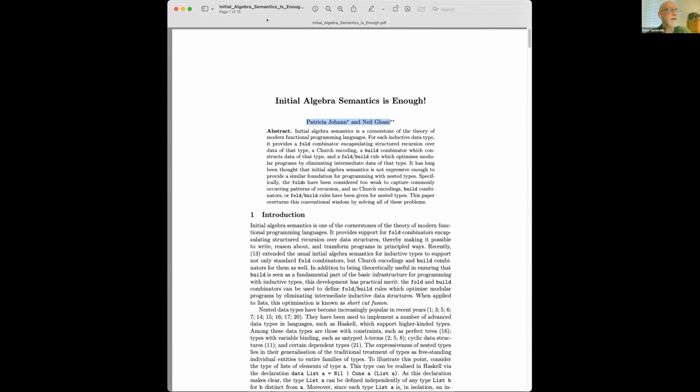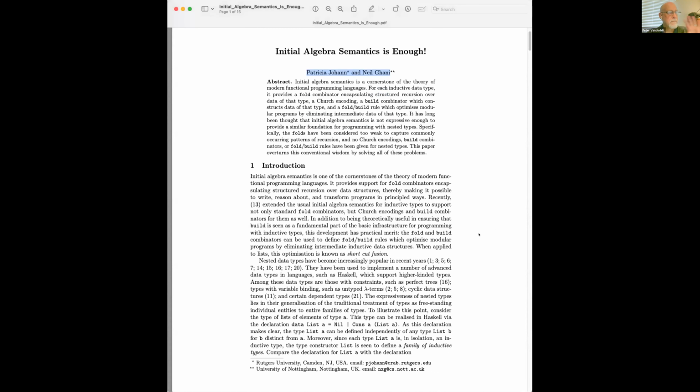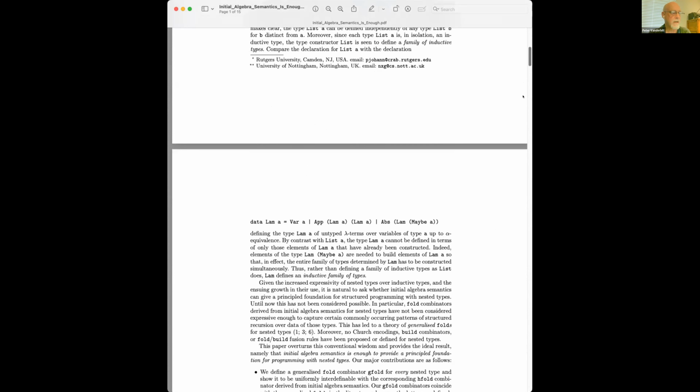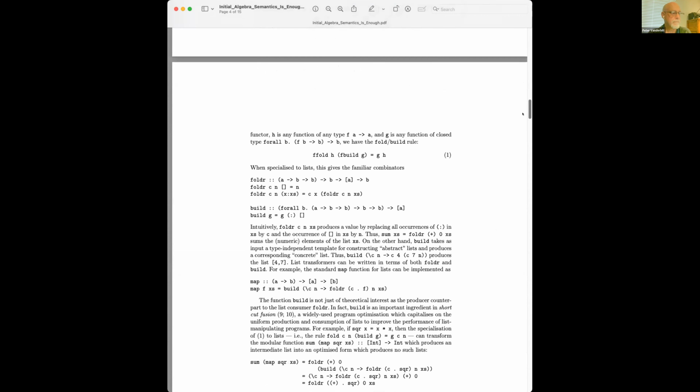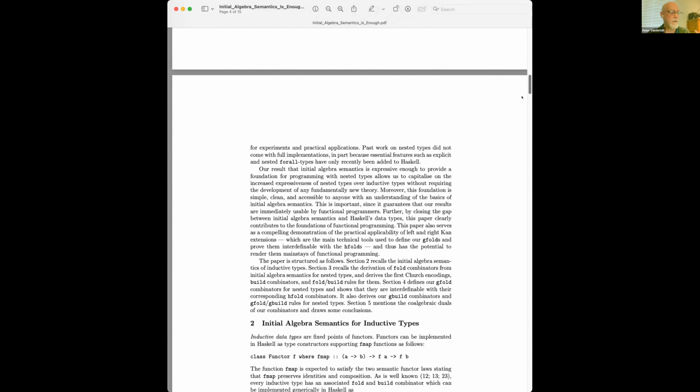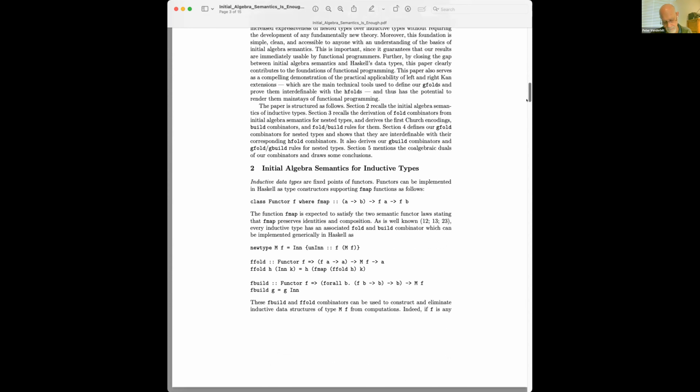Initial algebra semantics is enough. This is basically talking about data types, and how you can give a semantics to different data types in terms of initial algebras.